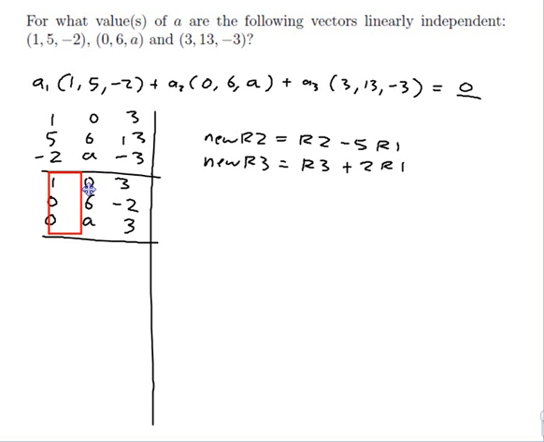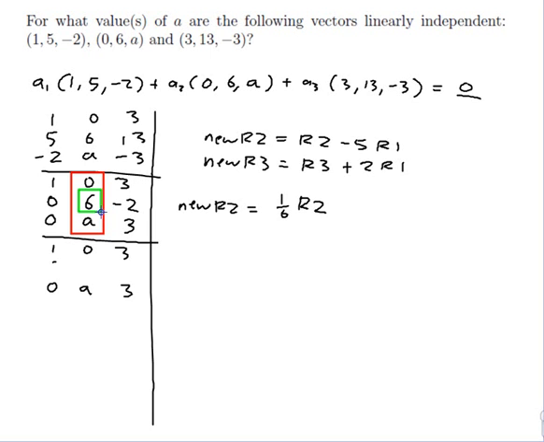Next I'd be wanting a column here with a 1 here. So let's divide by that 6 to get a 1 where we want it. My new row 2 is 1/6 of row 2. So I haven't changed row 1, I haven't changed row 3.